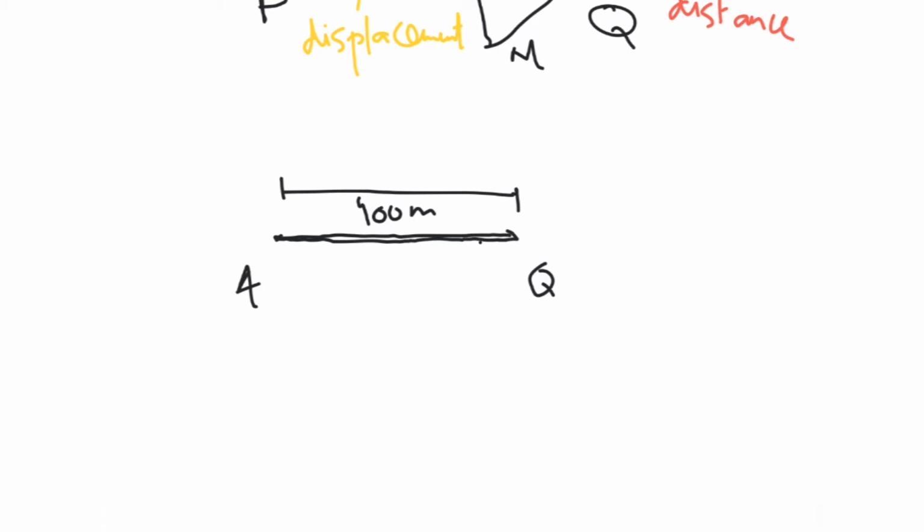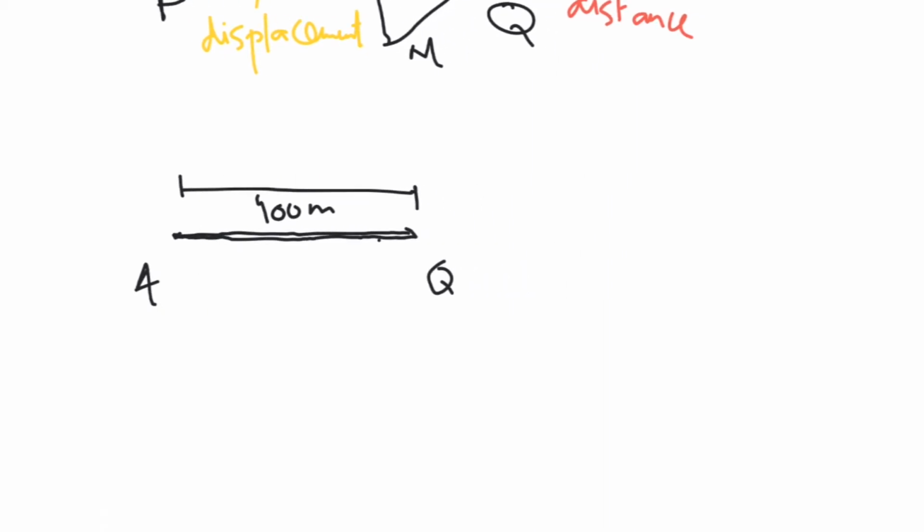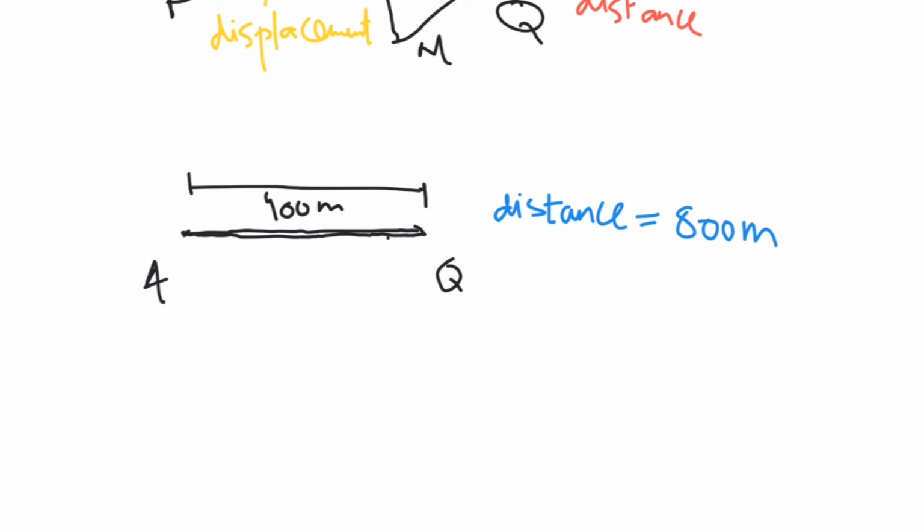What would be the distance and displacement? The distance here would be 800 meters, as the total length of the path which the cyclist has covered is double the path of A to Q, which is 400 meters. First it goes from A to Q, that's 400, and then comes back from Q to A, that is again 400 meters. So the distance would be 800 meters.